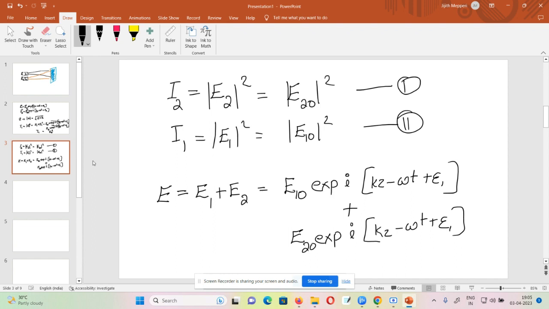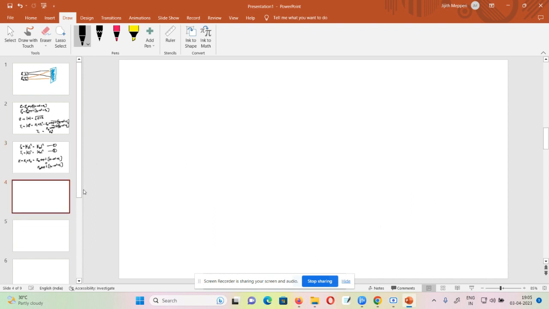Now you want to get the amplitude or the intensity which is coming from this combination. So I want the net intensity. Net intensity will come as the modulus square of the net amplitude, E1 plus E2 whole square.